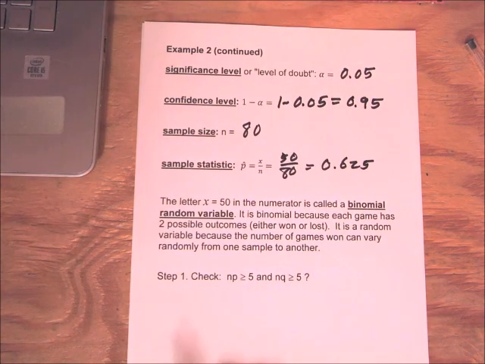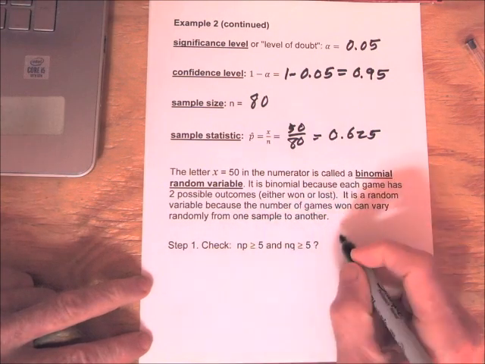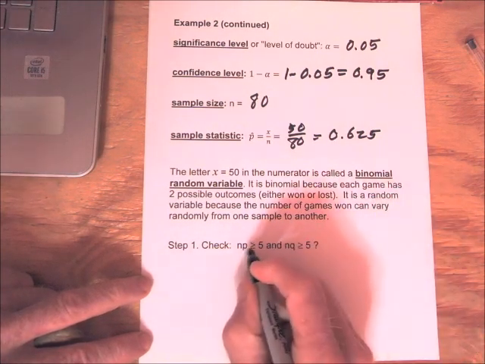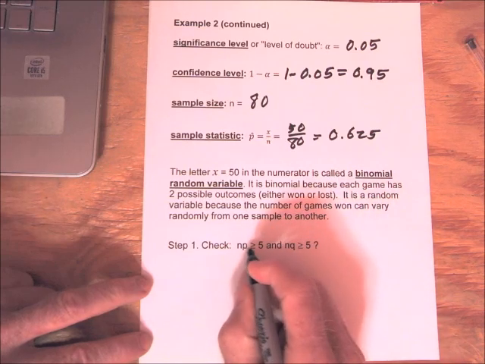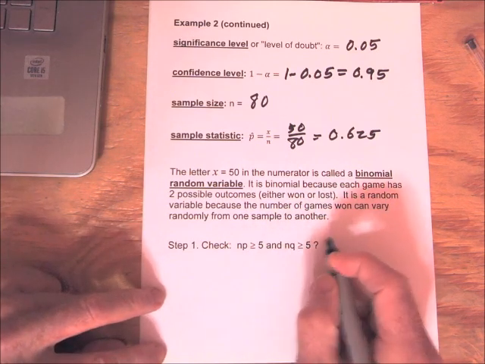Okay, so the first step in testing the hypotheses is to check whether n times p is at least 5 and n times q is at least 5. And here we're going to use the null value of p. We don't know the population proportion p, but we know the null value.